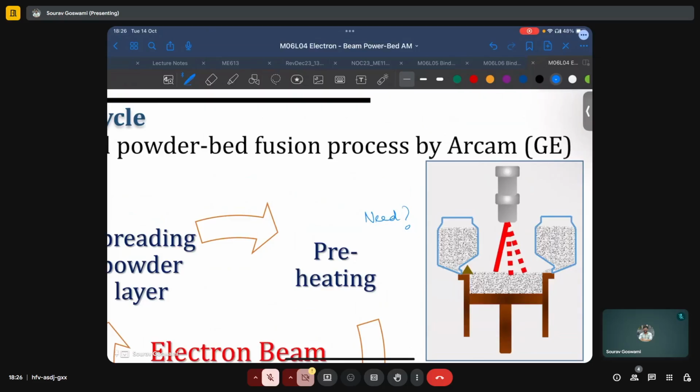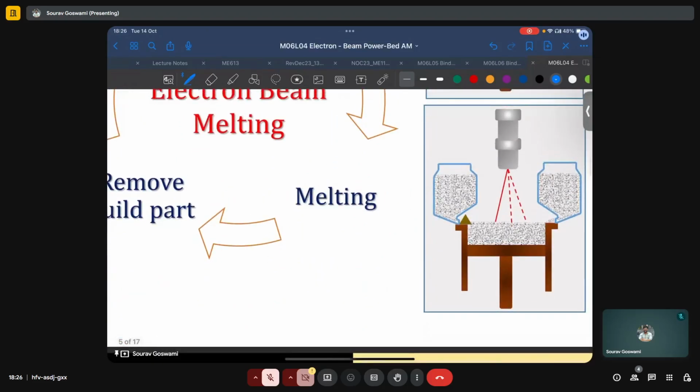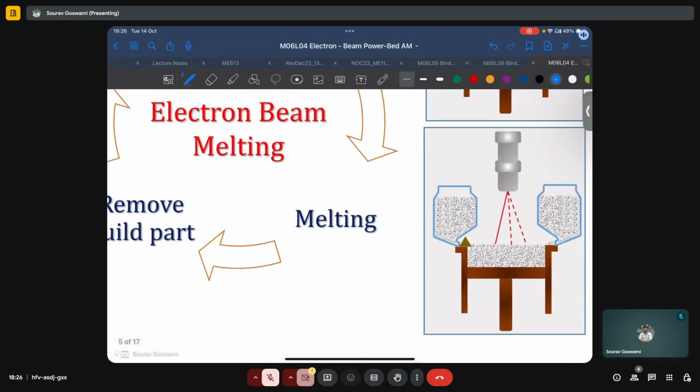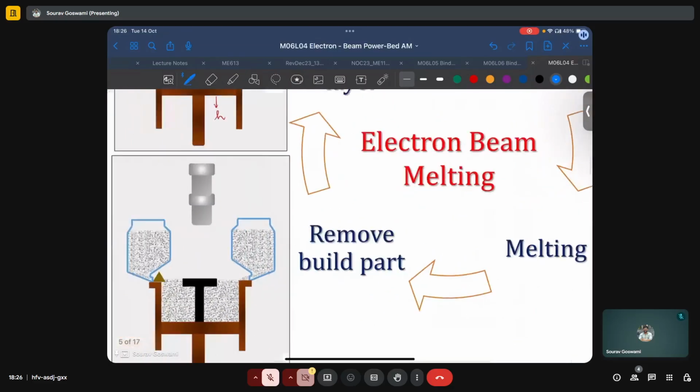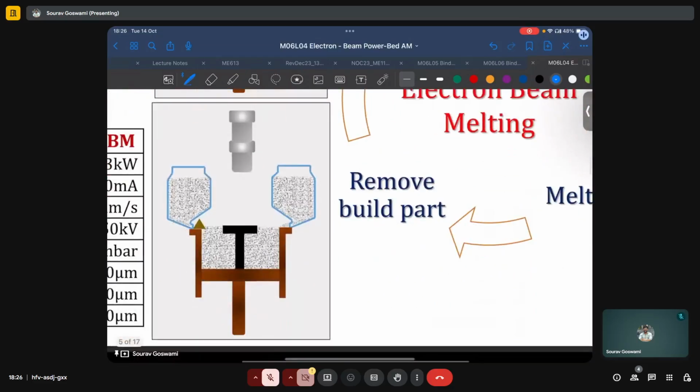But to make the process as efficient as possible, it's better to just defocus the beam or use a larger spot size. Once the bed is preheated, we go for the melting or printing cycle, where again we switch to the fine aperture beam and print our features on the powder bed. This cycle will continue till all the layers are printed. Once it's done, the build will be removed from the printing stage.